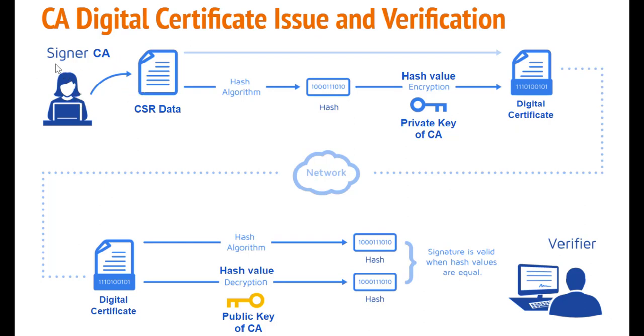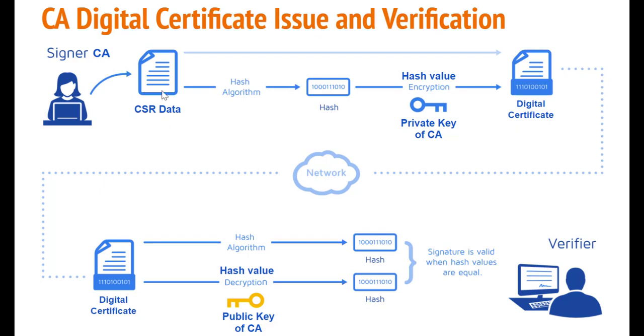Once the CSR is received at the certificate authority end, they verify those details, and as part of the process they generate a digital certificate which is signed by this CA. Sometimes we call it root CA, sometimes intermediate CA. We will see them in detail in the later slides.